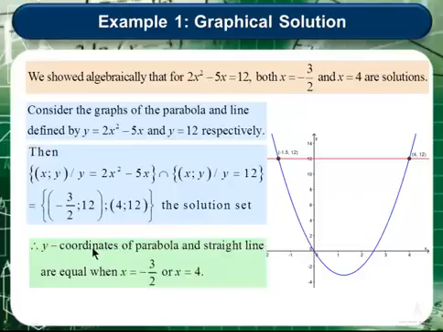So the y-coordinates of the parabola and the straight line are equal when we have these root values, or the values for the unknown x, which in fact represent the solution for the original equation, namely x equal to minus 3 over 2 and x equal to 4. Whenever we have those x values, we have the points of intersection of the two graphs as indicated.